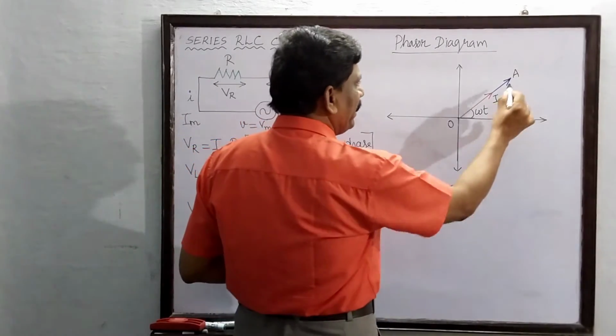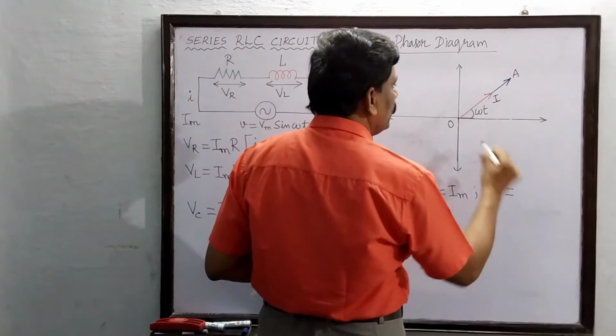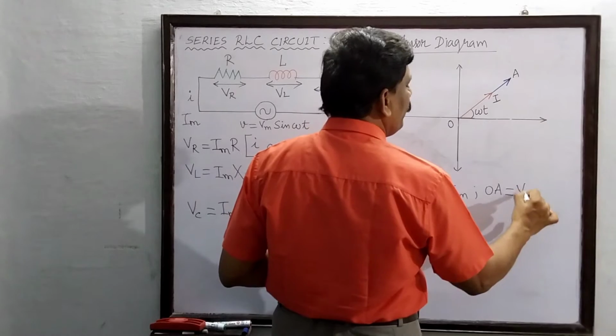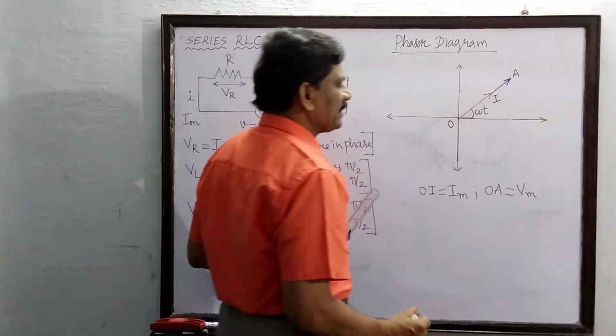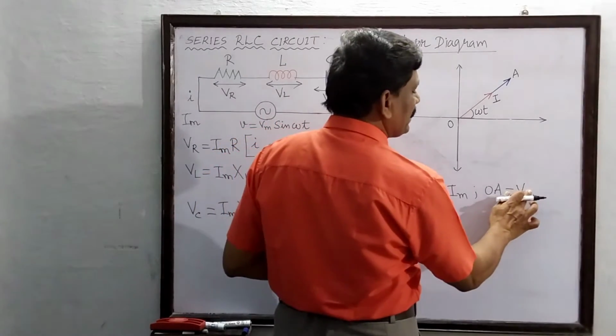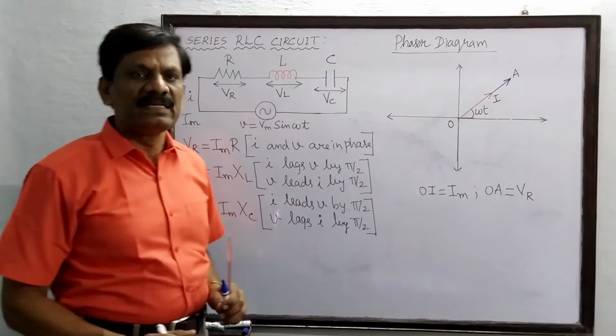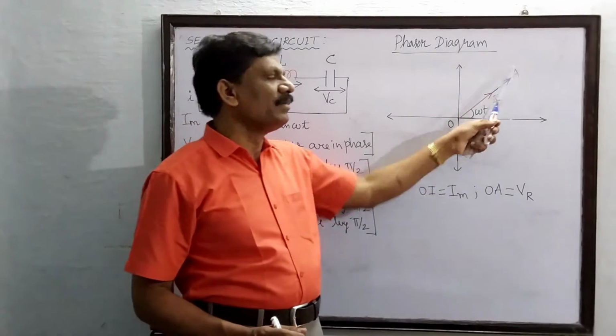Similarly, the magnitude OA is equal to Vm, V maximum, in the resistive circuit. Therefore, I will represent this also as VR, because in the resistive circuit the current and voltage are in phase with each other.